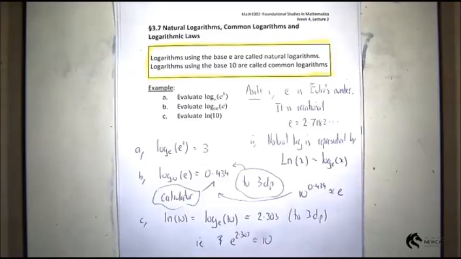What power must 10 be raised to give me 10 to the minus 1? And the answer is minus 1. So 1/10 would be here. 1/100th would be minus 2, and so forth. So as x goes towards 0, f goes towards minus infinity. And so this graph comes up like this.